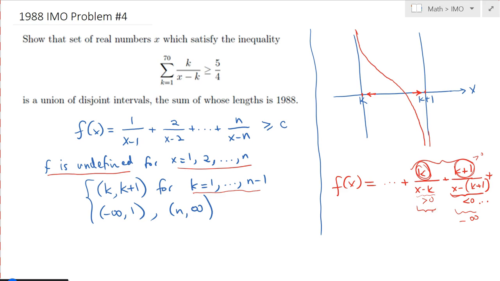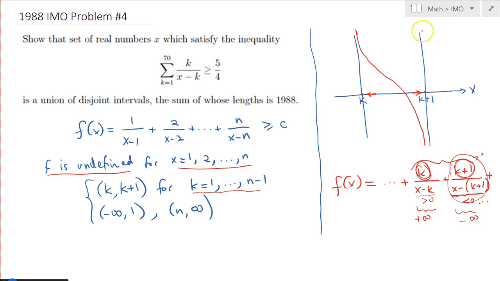Recall that as x approaches k from the right side, this term came out as positive infinity, and as x approaches k plus 1 from the left side, this term dominates and it becomes negative infinity, and all the other terms are finite.